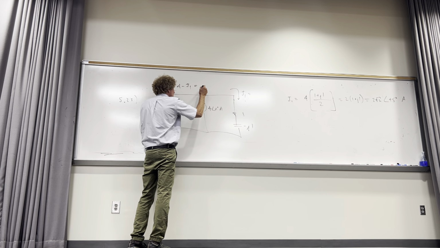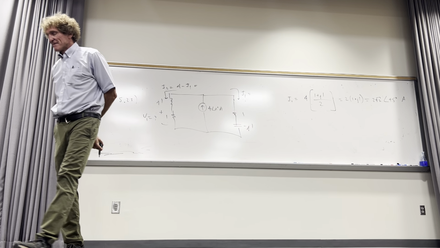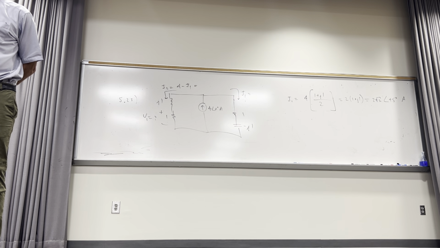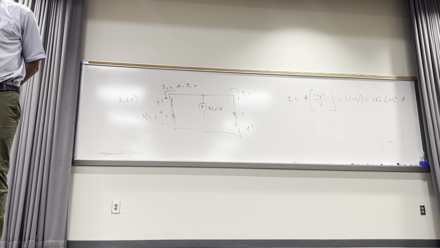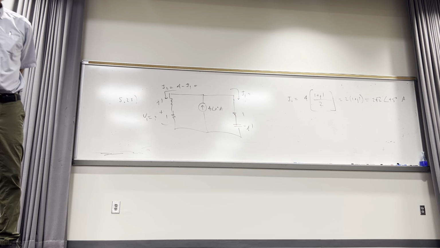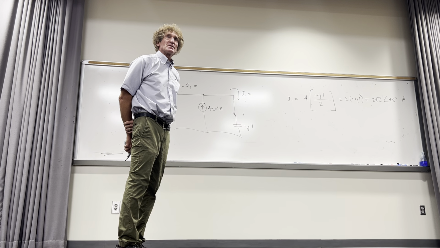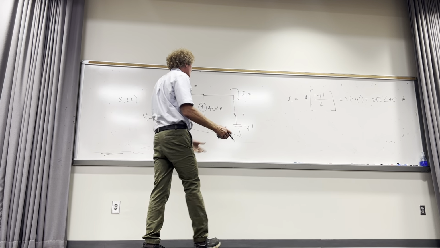Give it to me in terms of magnitude and angle, please. I mean, you can use current division to do it if you want. You don't have to do this. It would be 2 square root of 2 at 45. Who's saying that? Raise your hand. Okay, 2 square root of 2 at minus 45? Probably.